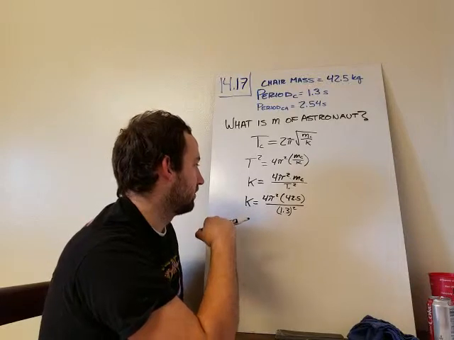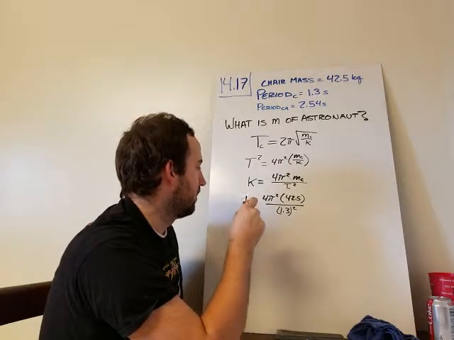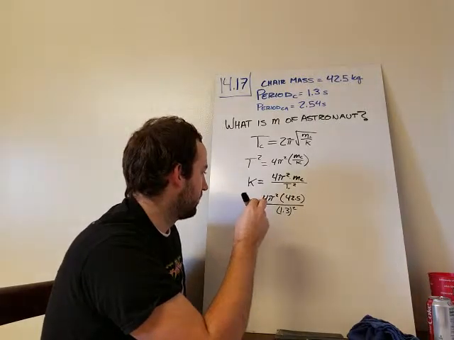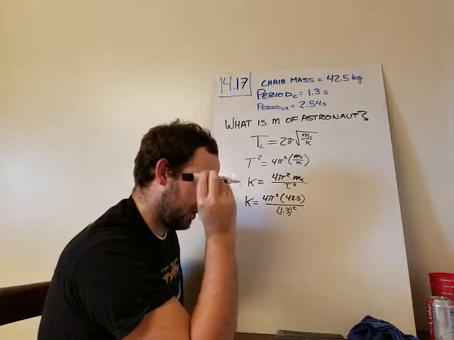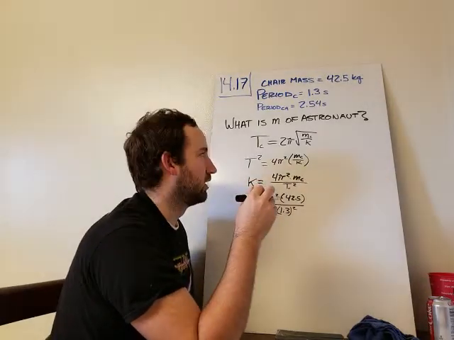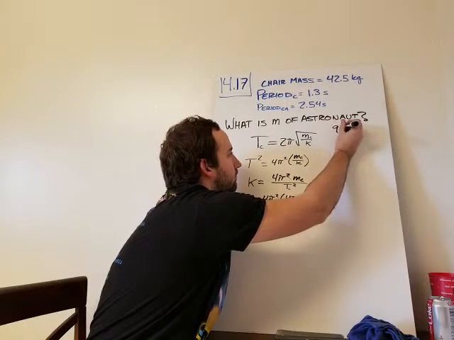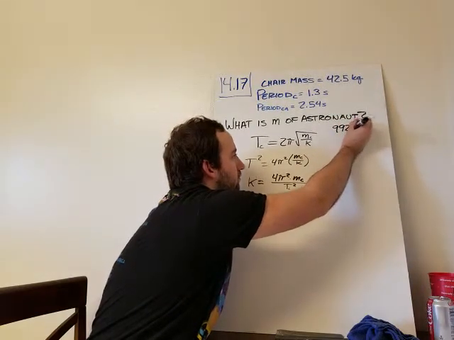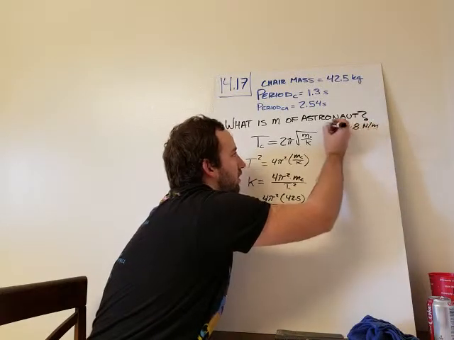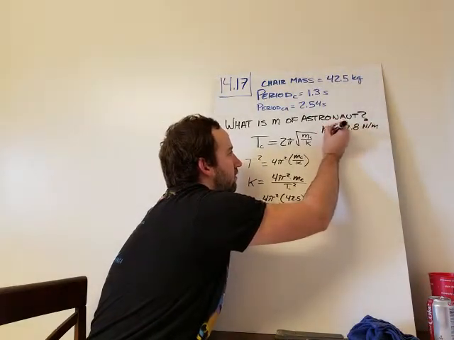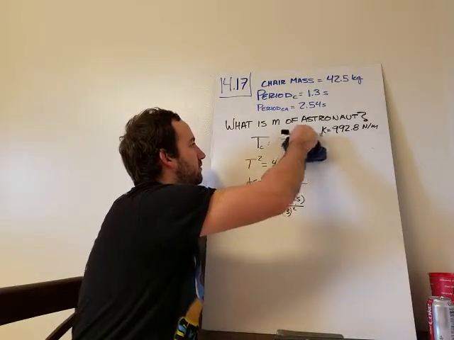When we throw it into our calculator, our K value, our spring constant, is going to equal 992.8. So now we know the spring constant of our system.